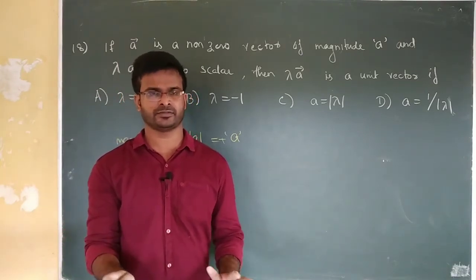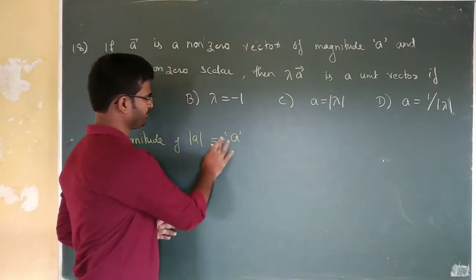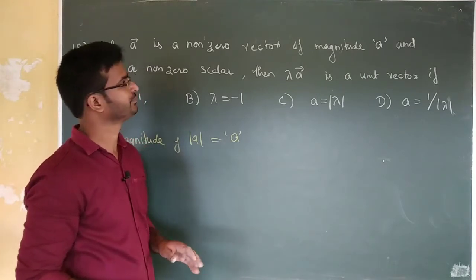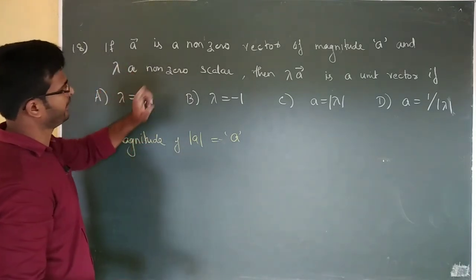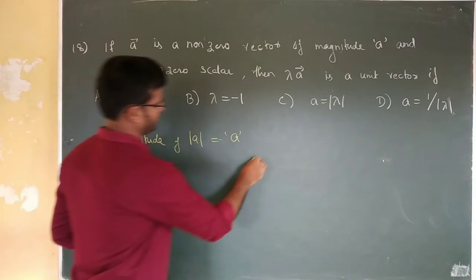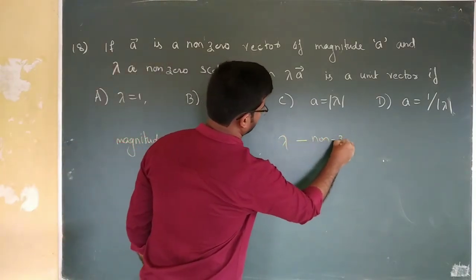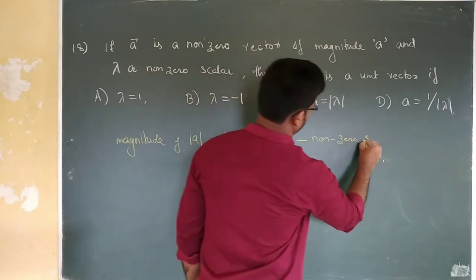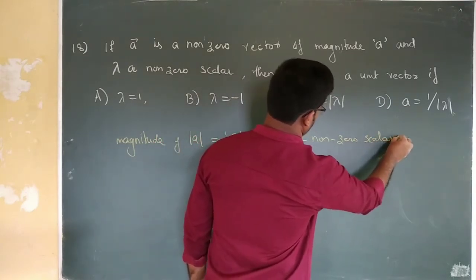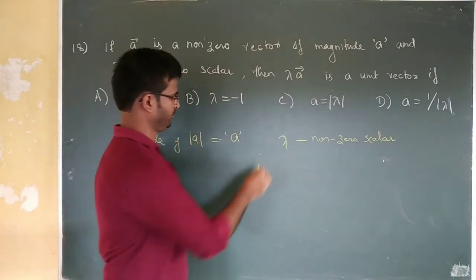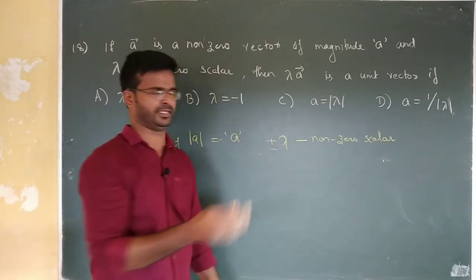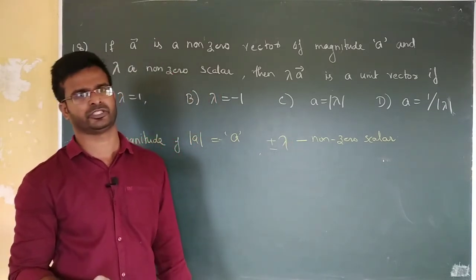Length cannot be negative, that means the sign of a will always be a positive number. And lambda is a non-zero scalar. Lambda will not be zero, maybe plus or minus, a negative number or positive number, any number.